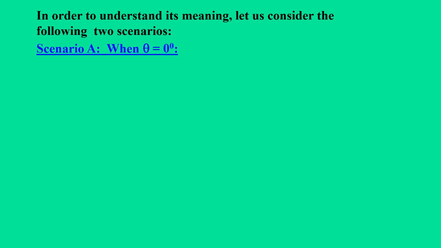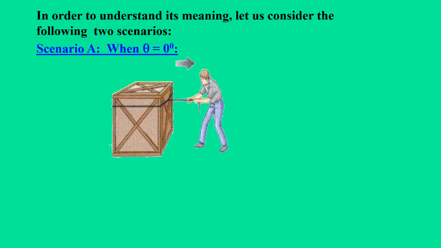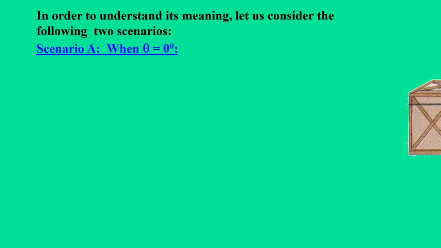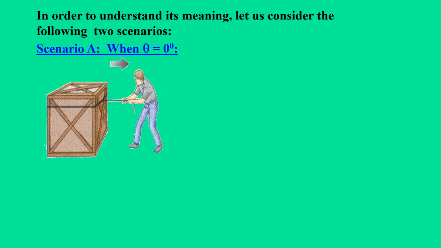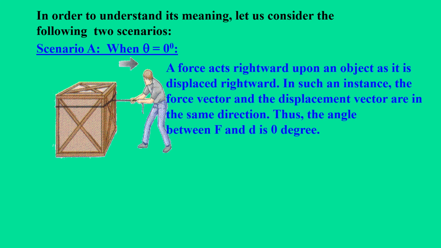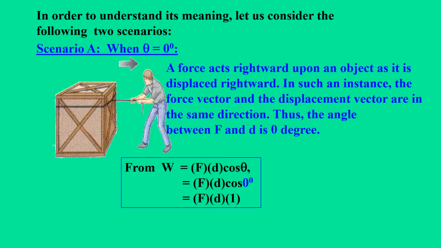Scenario A, when theta equals 0 degrees. A force acts rightward upon an object as it is displaced rightward. In such an instance, the force vector and the displacement vector are in the same direction. Thus, the angle between F and D is 0 degrees.